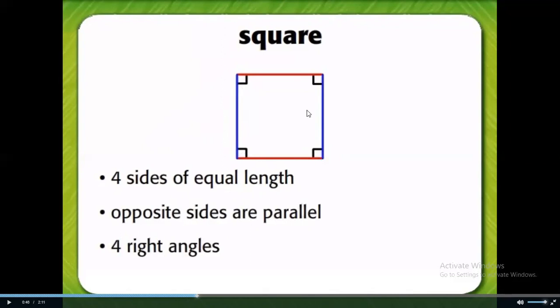The blue one is parallel to the blue one, and the red is parallel to the red, and all sides are the same length. So the second one is square.